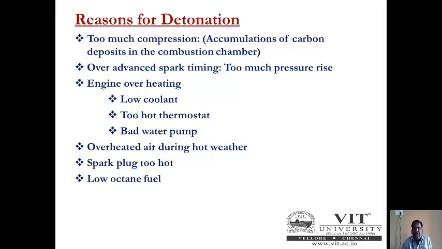The too much compression is due to the accumulation of carbon deposit inside the cylinder. If the engine is not serviced properly, it will increase the carbon deposit. The carbon deposit will accumulate at the top of the combustion chamber, so that it will reduce the clearance volume. When the clearance volume is reduced, it will increase the compression ratio. When there is too much compression, it may act as a source for the detonation process.